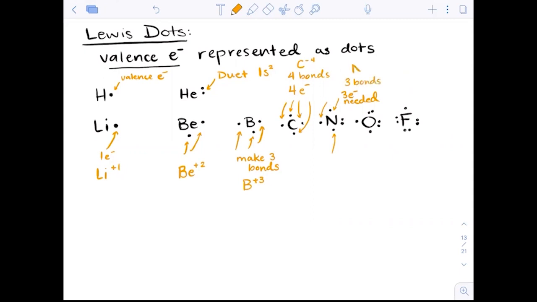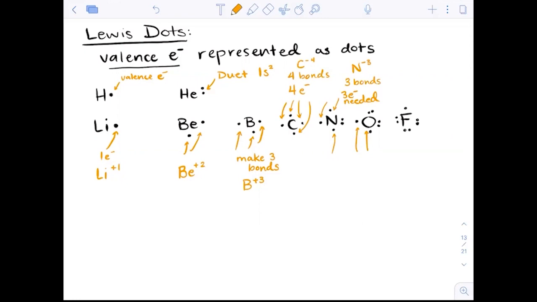We can also think about N-3 for the ion. Again, I'm only picking out the spots where there's an unpaired electron. We know electrons are paired in their orbital diagrams.